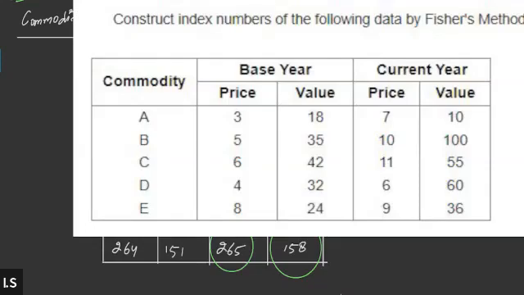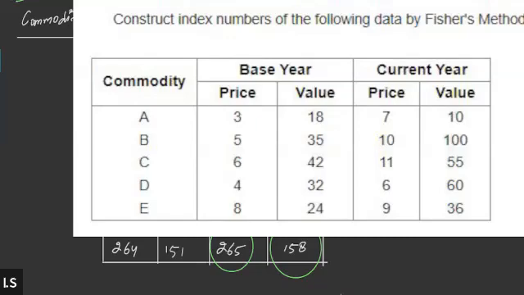So just make one correction. Sorry, you will have to correct the value of the current year quantity of commodity A. It should be 14 instead of 10. So make this correction, please.